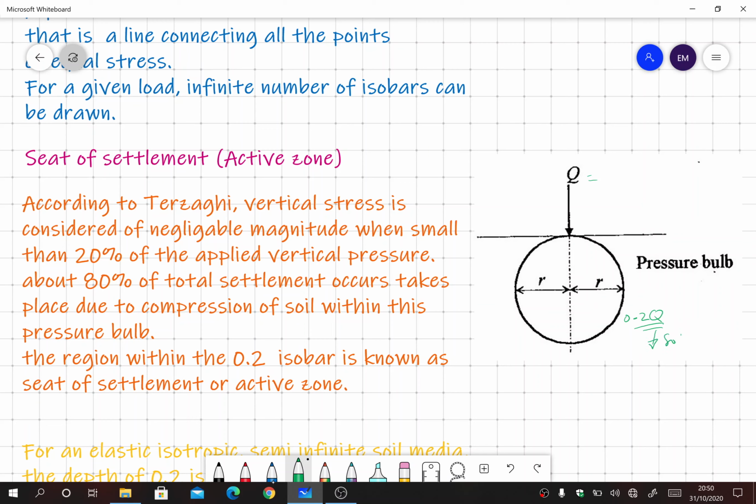It is 80% lesser than the applied value. If this was 100, then it is 20. Terzaghi says that all of the important settlement will happen within this zone. So this is called the seat of settlement, or the active zone.